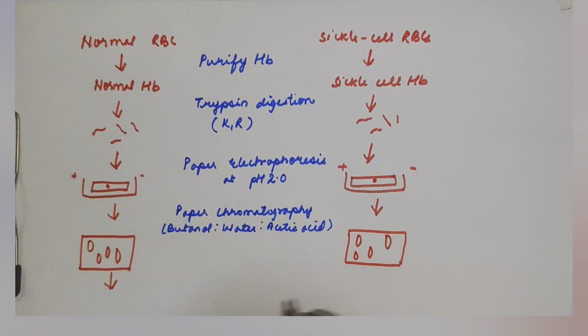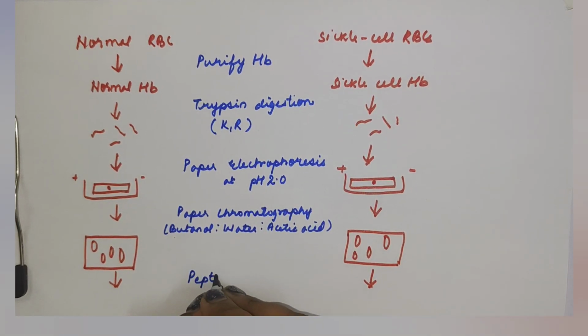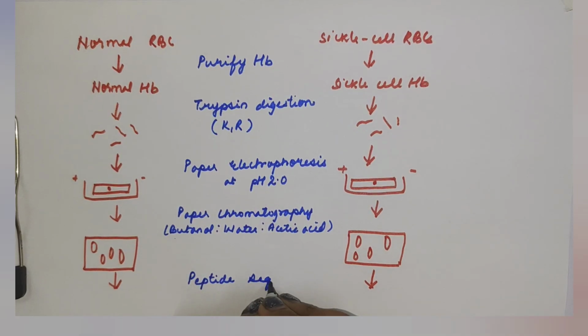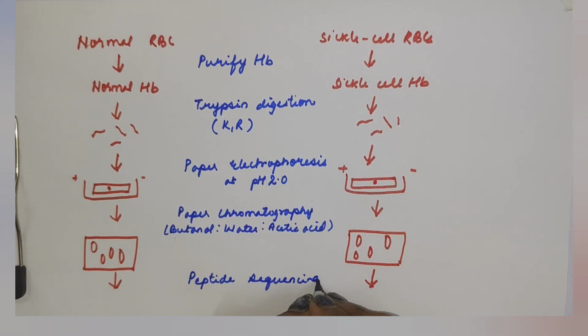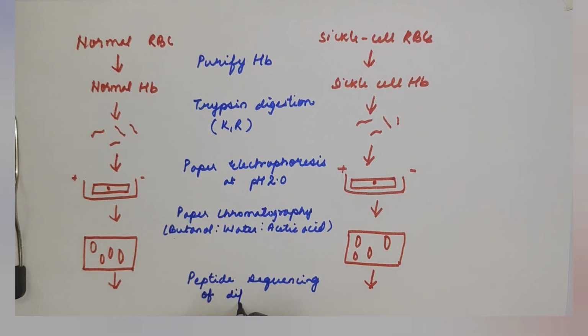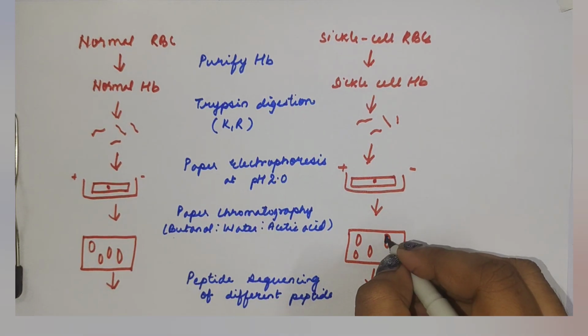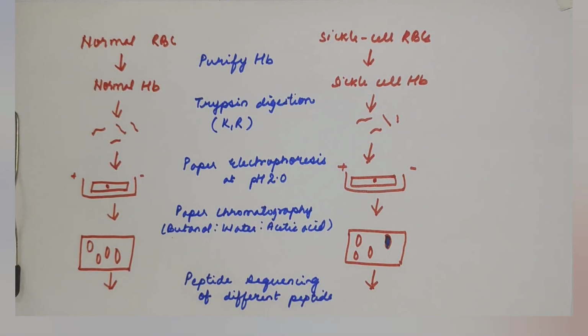After this paper electrophoresis, the sheet is dried and then attached to the paper chromatographic sheet at right angles to it, and the second dimension of the technique, which is the paper chromatography, is done with butanol, water and acetic acid as a solvent.